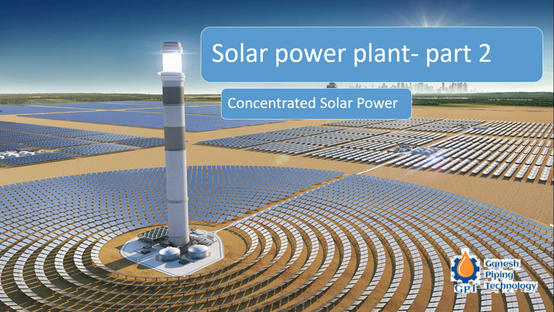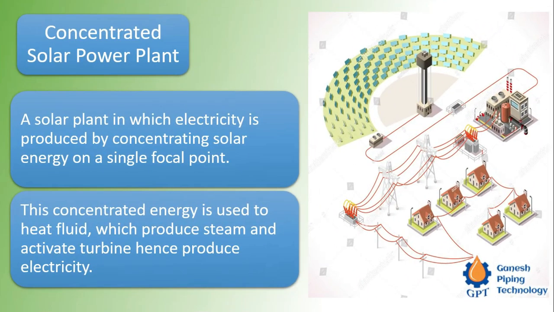So moving forward, we can see that in the concentrated solar power plant, in a circular path there are mirrors, and these are a very special type of mirrors. What the speciality is, we are going to see. By definition, it is a solar plant in which electricity is produced by concentrating solar energy on a single focal point.